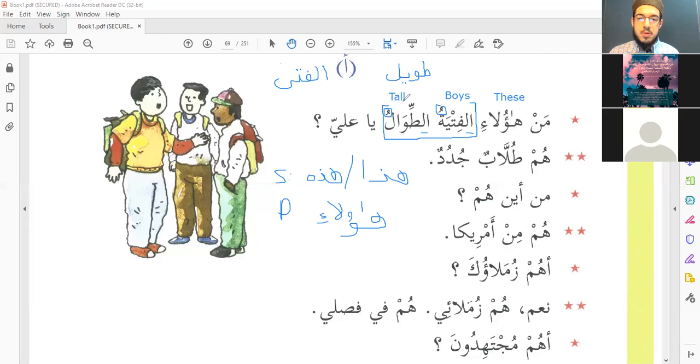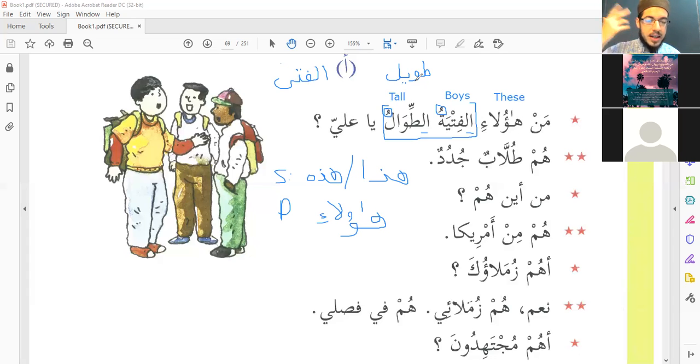Al-tiwalu is the plural of tawil, which is why, if you've ever had any experience teaching English to anyone from the Arab-speaking world, the first mistakes they will make when trying to speak English is they will pluralize their adjectives, right? They will say, they are talls, instead of they are tall. Because in English, we do not pluralize those adjectives, right?